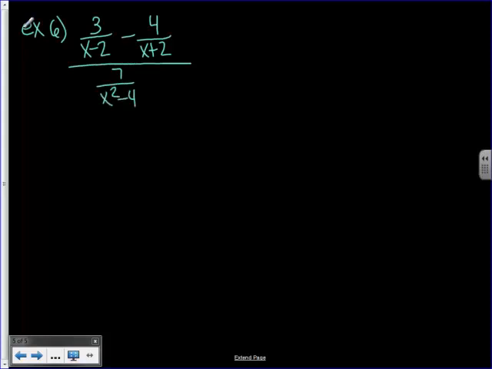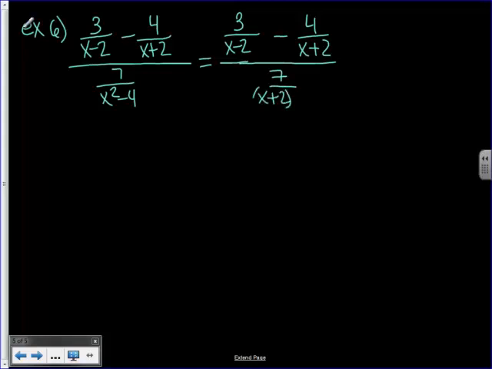Well, to make my life easier, I know I can factor out x squared minus 4. So let's do that first before we try to do anything else. 3 over x minus 2 minus 4 over x plus 2, all over 7 over x plus 2, x minus 2.